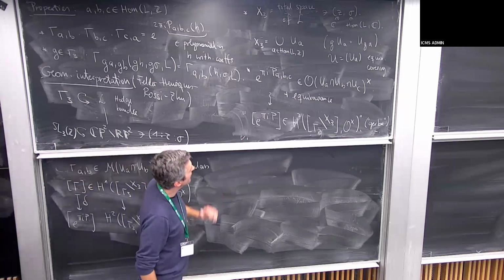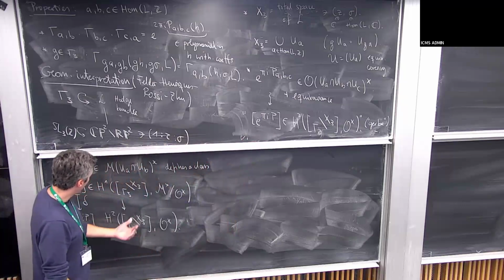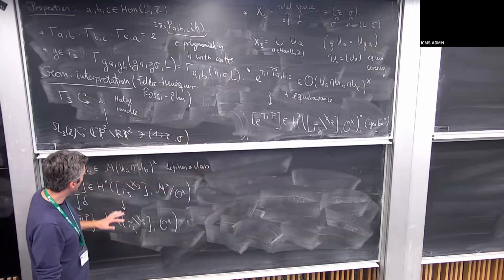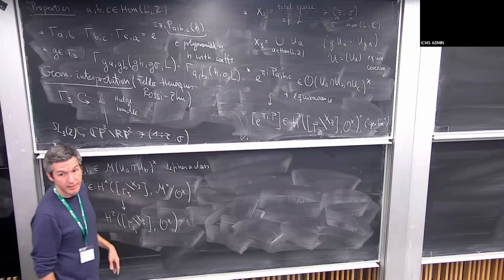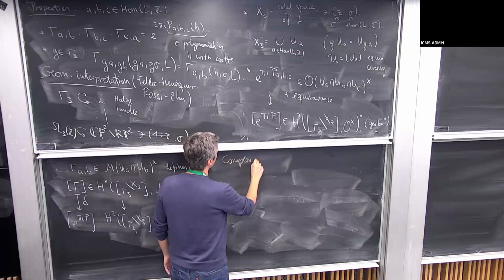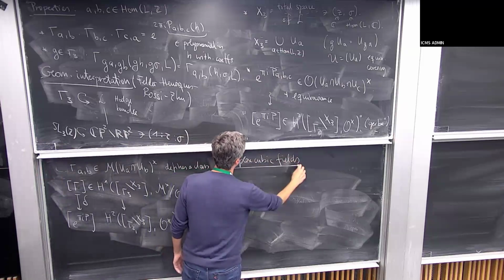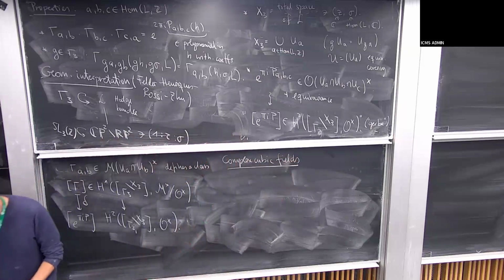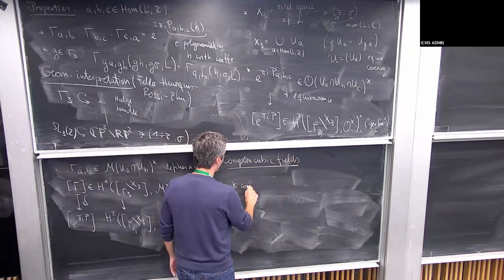Now I will come back to this picture when I explain how it helps us think of the elliptic gamma function as related to Eisenstein series. But before that, let me go back to the complex cubic fields. K will be a complex cubic field.